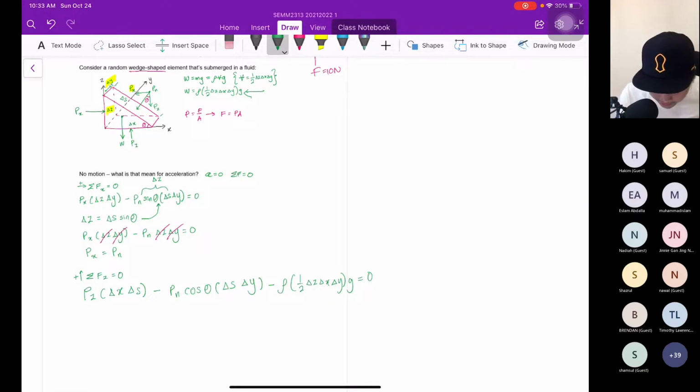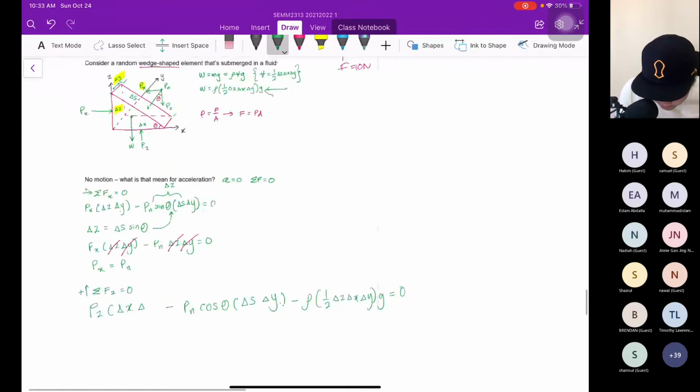Okay, it's not, sorry, delta Y, right? Thank you for notifying me. Now you understand. In order to get the area at the Pz, definitely the length of X, delta X multiplied with the delta Y.